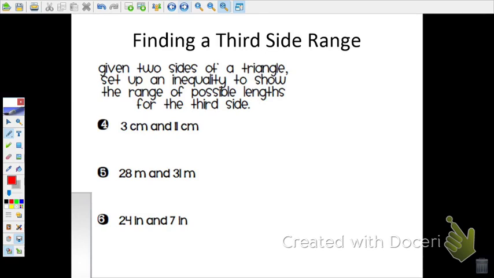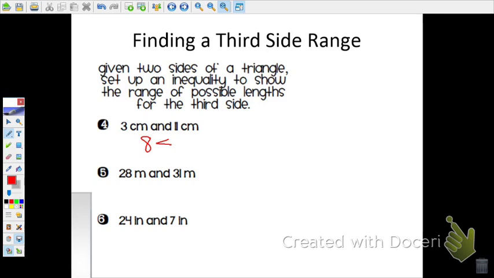Very easy to do. What we are going to do to find the smaller possible number, we're going to subtract the two numbers. So 11 minus 3 is 8. We're always going to use the less than symbol. Then we're going to put a variable.